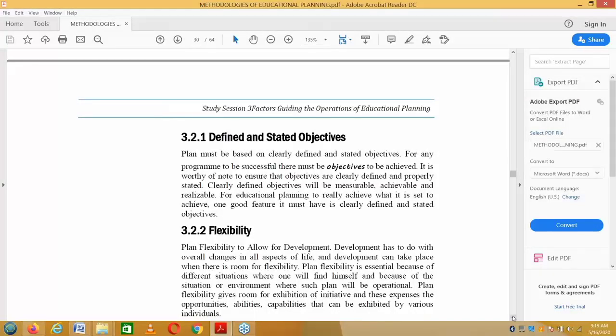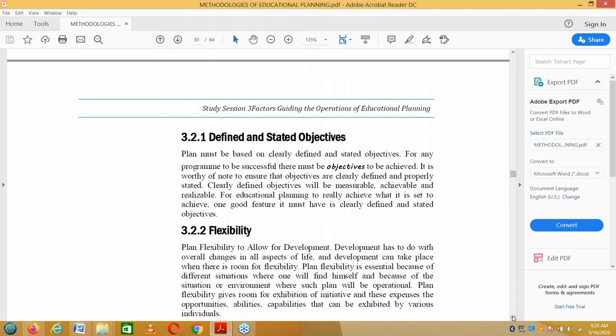For any objective to be achieved, it must be clearly defined and properly stated. Clearly defined objectives will be measurable, achievable, and realizable. For educational planning to really achieve what it is set out to achieve, one good characteristic is to have clearly defined and stated objectives.